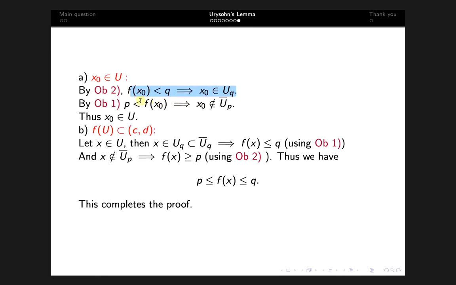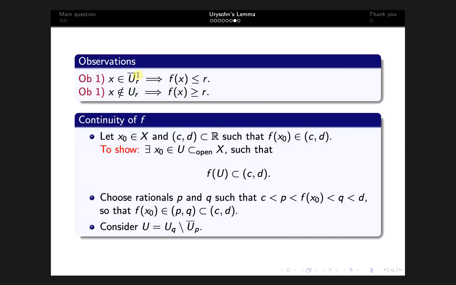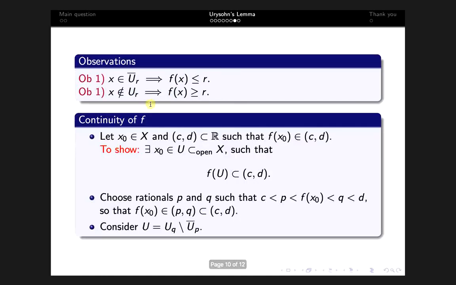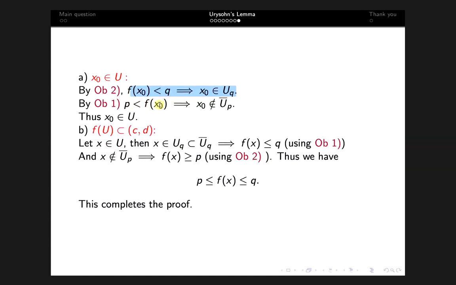Because if x naught belonged to UP closure, then f of x naught should be less than or equal to P, but P is strictly less than f of x naught. So by observation 1, x naught does not belong to UP closure, therefore x naught belongs to U. Okay, this is the conclusion.